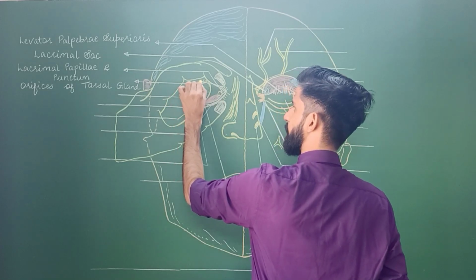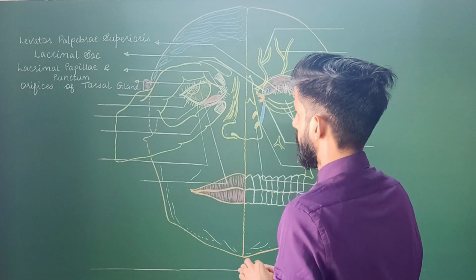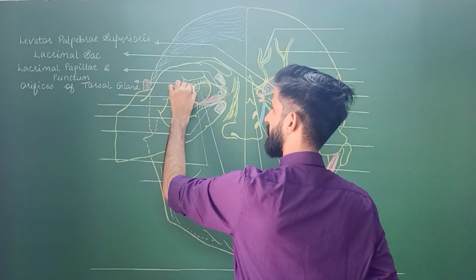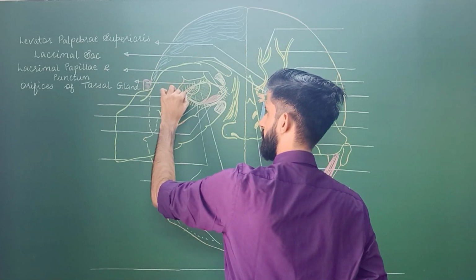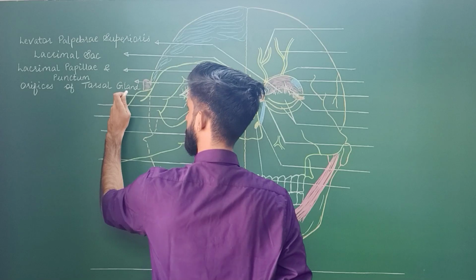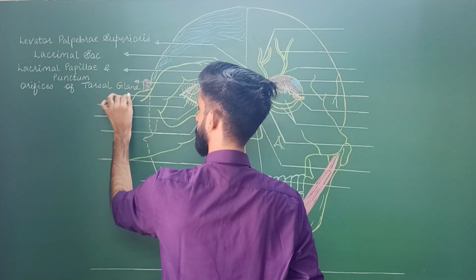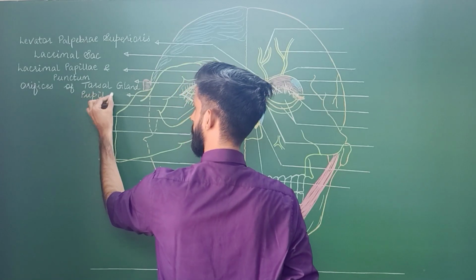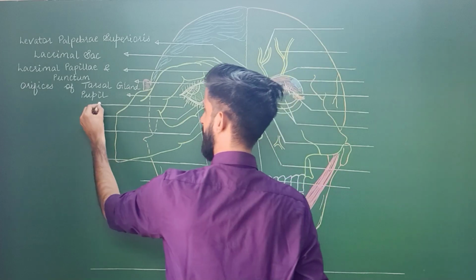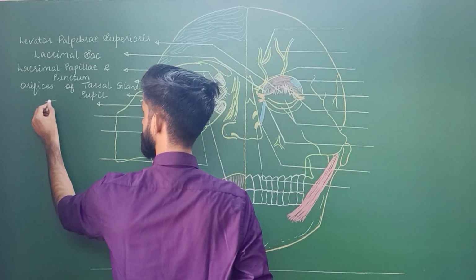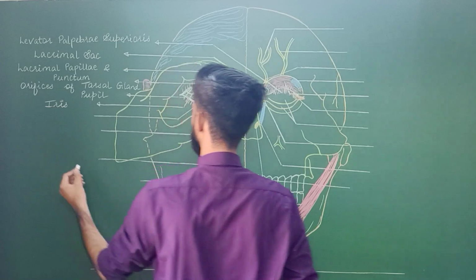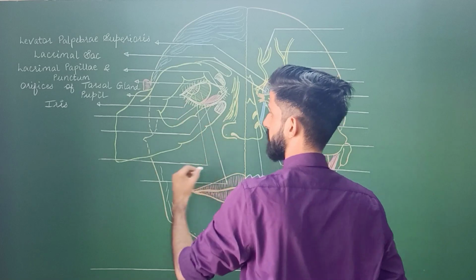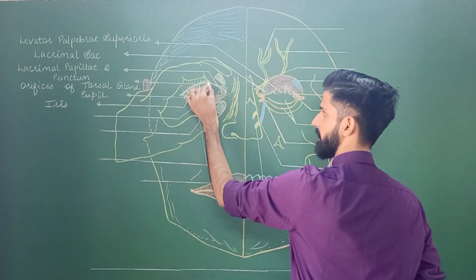These are tiny openings. Next, then what we have is the pupil, followed by the iris, followed by this margin which is called as plica semilunaris, this margin.